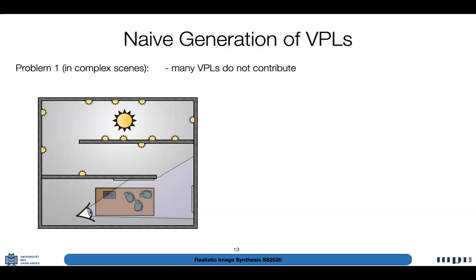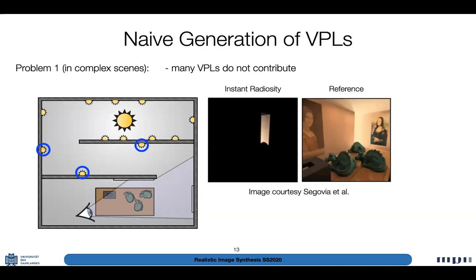Even if you try to render the scene for this camera view, there might be only 3 VPLs you could connect to. This is the whole idea of instant radiosity. And if you render an image, for example, you can see the reference on the right, and on the left, you could see what goes wrong in these scenarios when you naively try to connect to the VPLs.